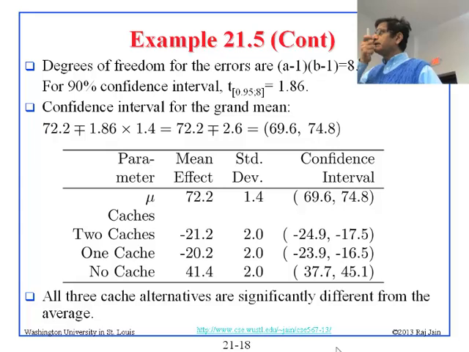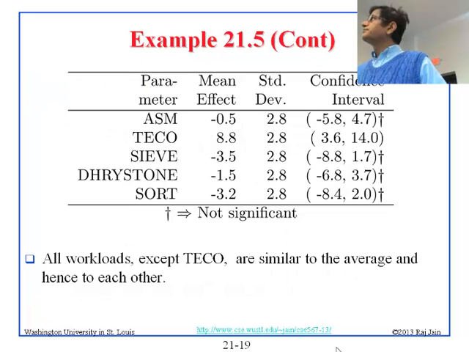So all the three caches are good. This is good news actually, although this is an example and so means nothing. The workloads are all insignificant except for the Pico, which is different. So it turns out that that workload was out of the ordinary, but that is not important to us anyway.